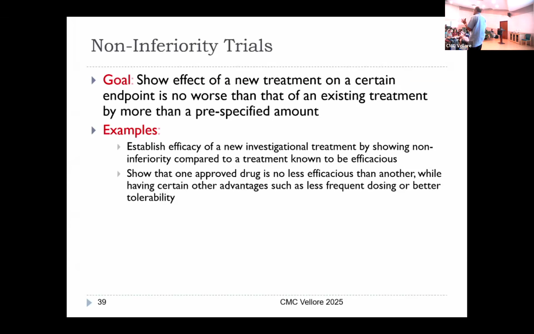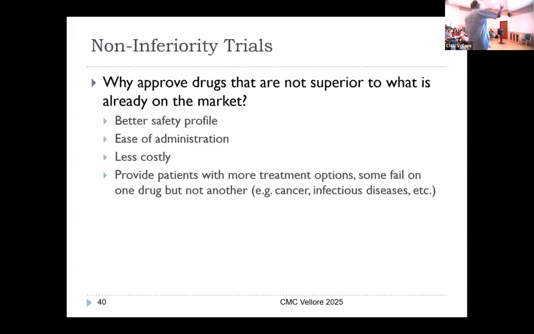So as long as the effect is not inferior, we don't want to show that it's superior. We just want to show non-inferiority. Now, it's maybe better safety or ease of administration or less costly. Also, as in the meningitis study, it's to give more treatment options.